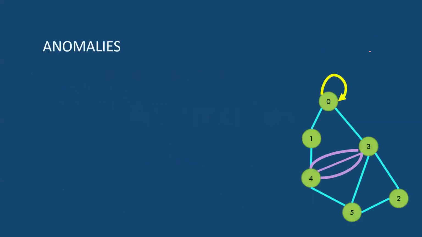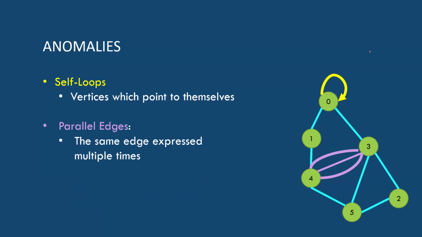Okay, so things we've got to be aware of. We won't do this too much, but it is possible for one city to point at itself. That's a little weird, that you can get to a city by following an edge back to itself. It is also possible that we could express multiple ways to get between 3 and 4.